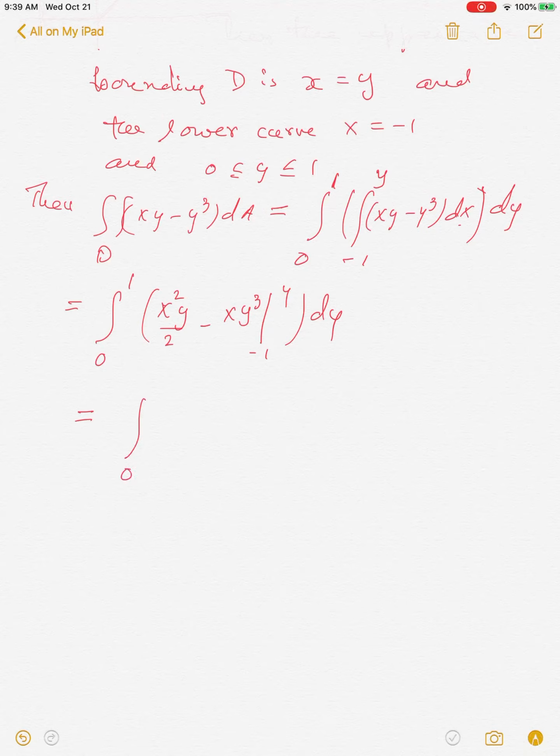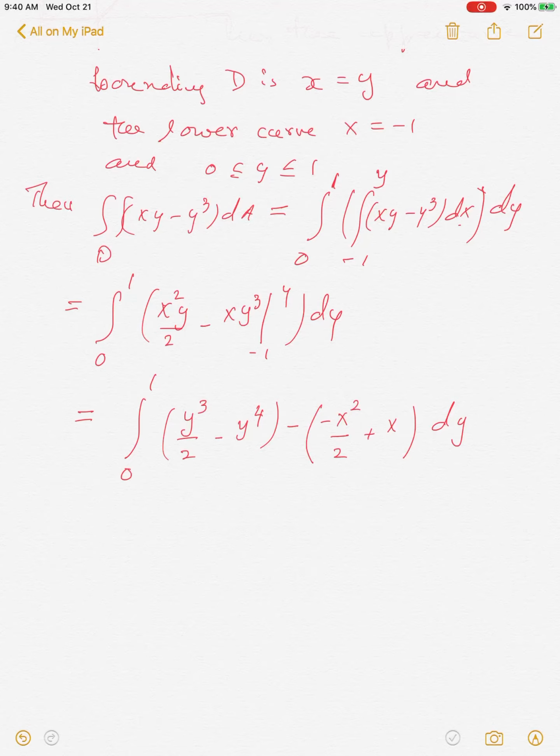So this is going to be the integral from 0 to 1. If I put y in the place of x, I get y cubed by 2 minus y to the 4, minus, when I put x equal to minus 1, I get y by 2 minus, and since x is minus 1, I get plus y times 1 cubed. Minus 1 cubed is minus 1, so you get plus y, dy.